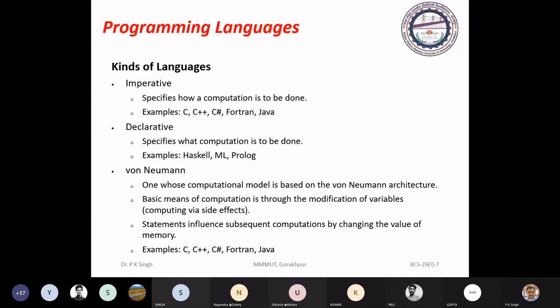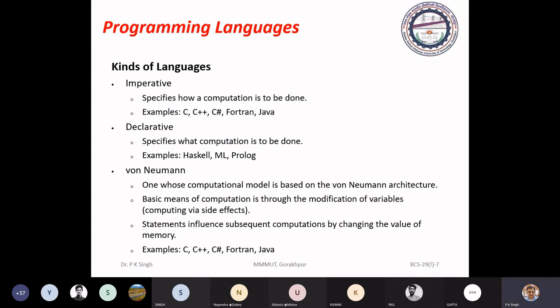Imperative expresses how the computation is going to be done, and declarative says what the computation is.